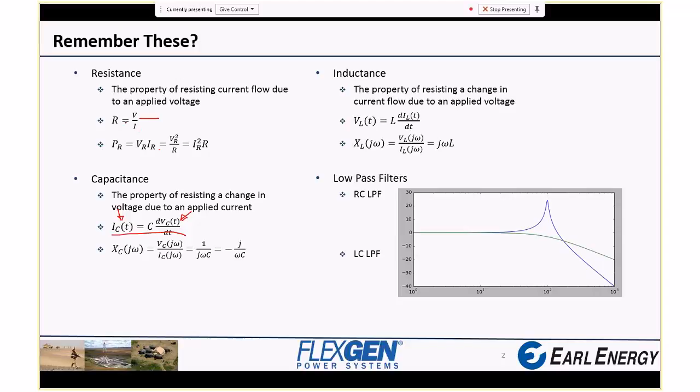It's directly proportional. There's no dynamics to this equation. With a capacitor, you apply a current, you get a change in voltage. And when that's transformed to the frequency domain and you look at reactance, you get this complex number. This reactance is also measured in ohms. It's just understood to be complex and frequency dependent.